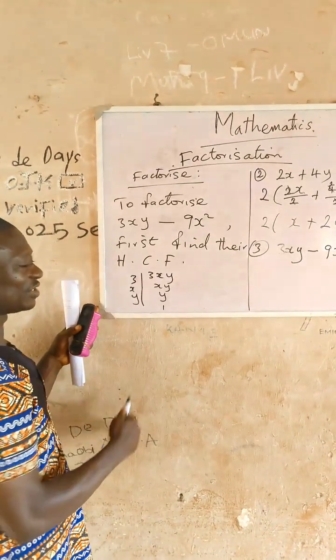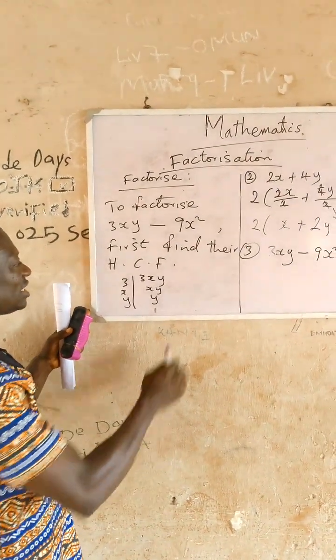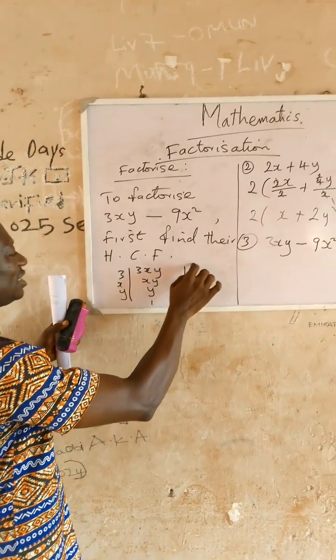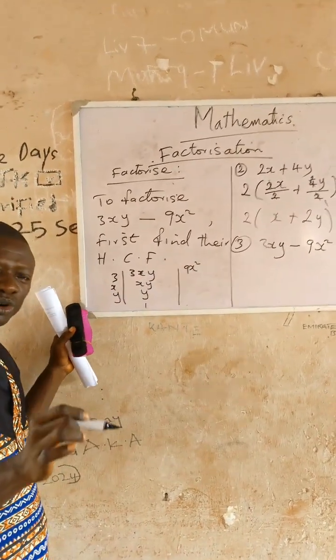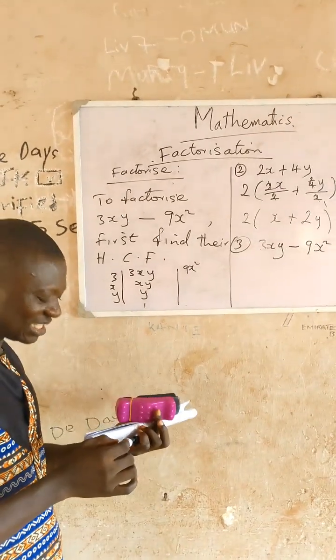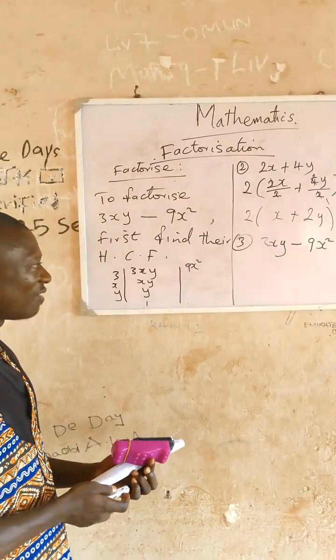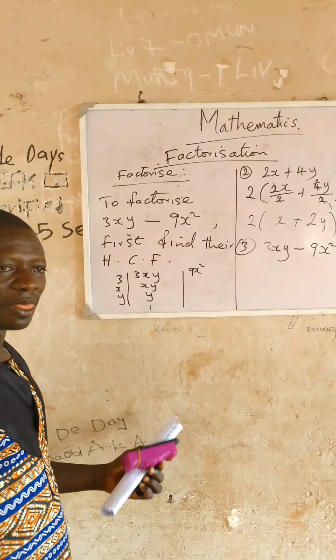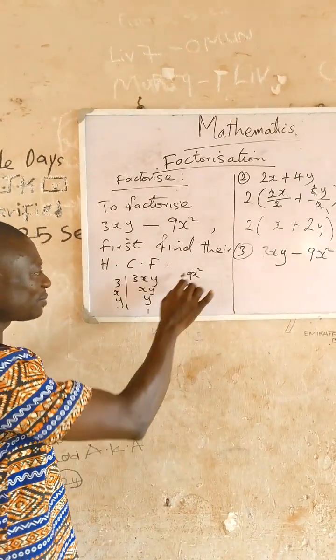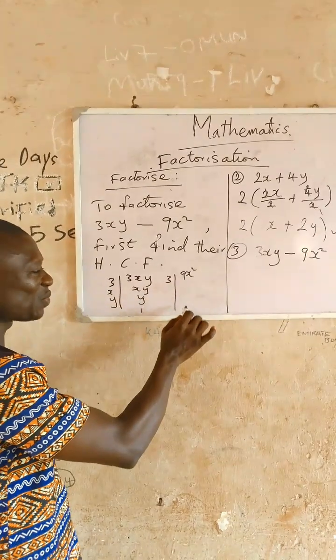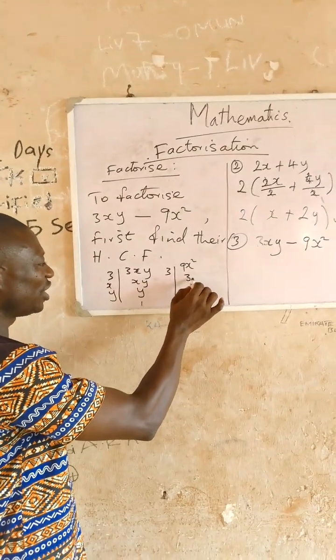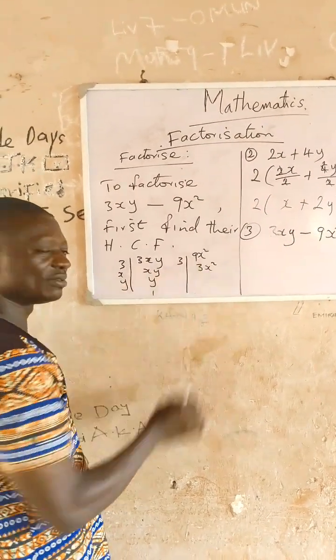We have finished this division now. And so the next thing, we divide 9x squared. Use the smallest prime factor you have to divide. The first prime factor here is 3. 3 divided into 9x squared will give us 3x squared.